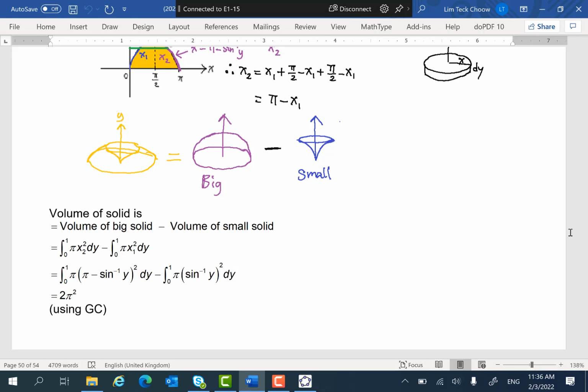Okay, incidentally, I'd like to tell you that the same volume for y-axis. Before I move on, I hope you understand this question. Make use of the fact that you're taking the bigger volume minus a small volume. The volume due to the right-hand graph minus the volume due to the left-hand graph.